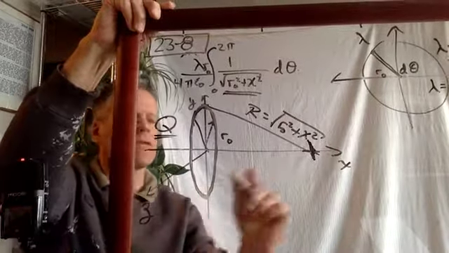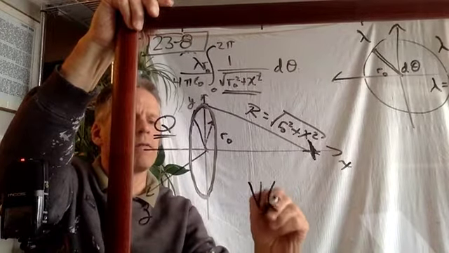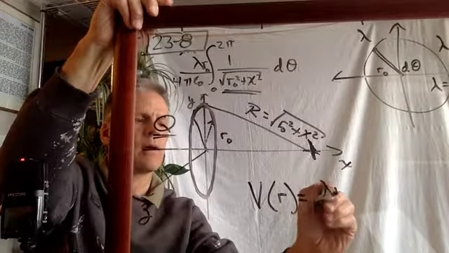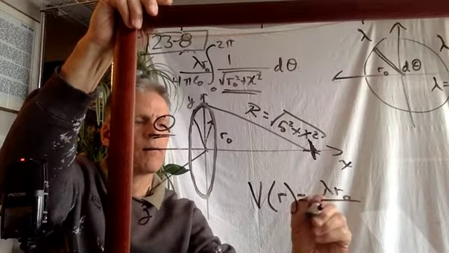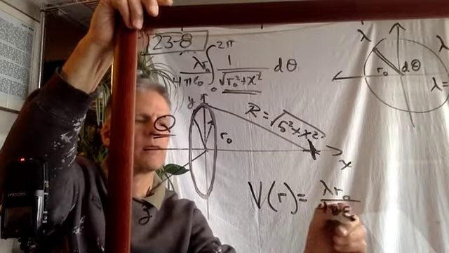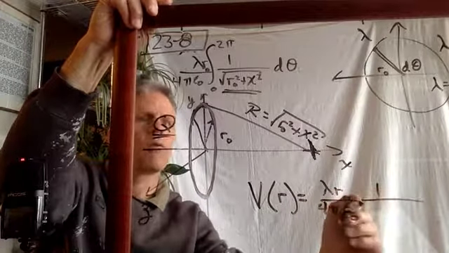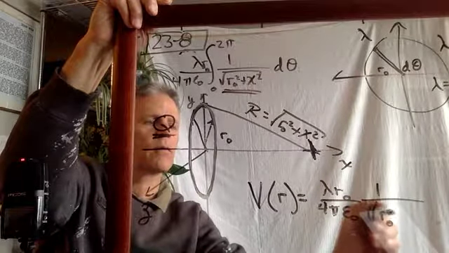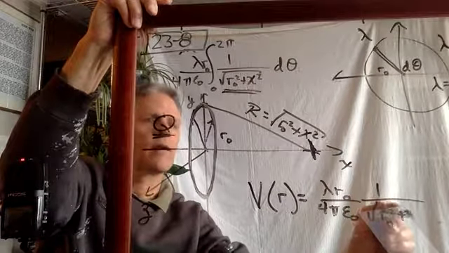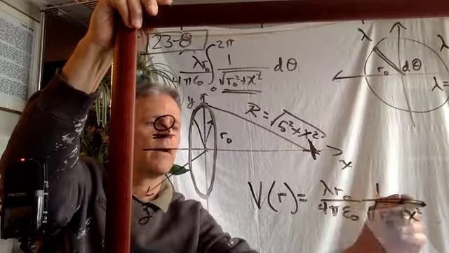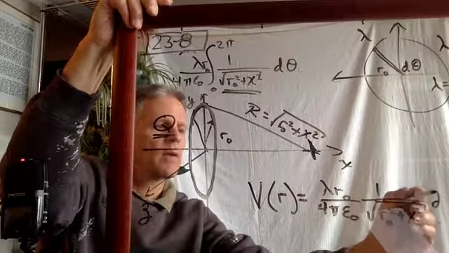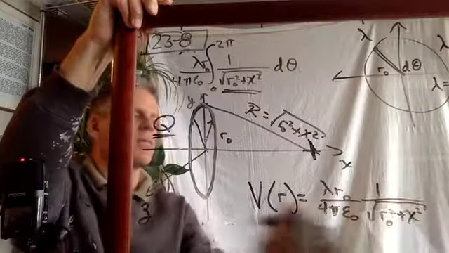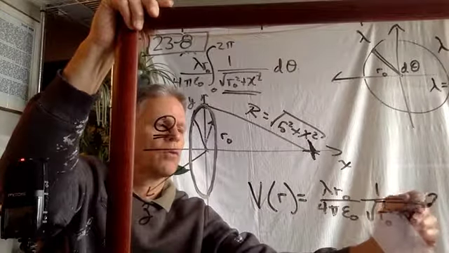So now we can say that the V of r equals lambda r0 over 4 pi epsilon 0, 1 over square root r0 squared plus x squared, there's no d theta, times 2 pi.